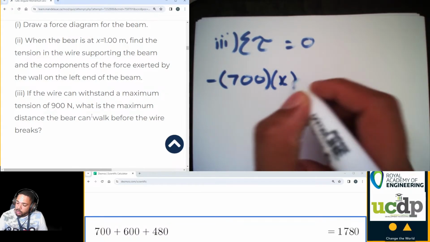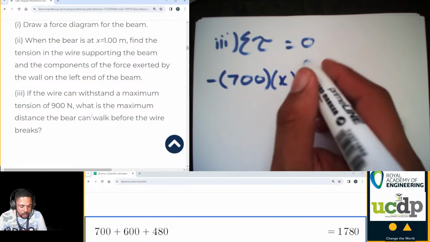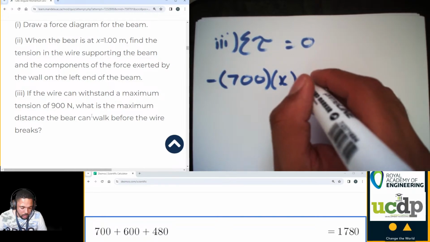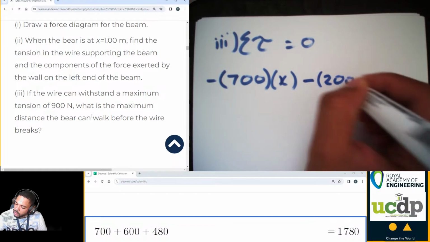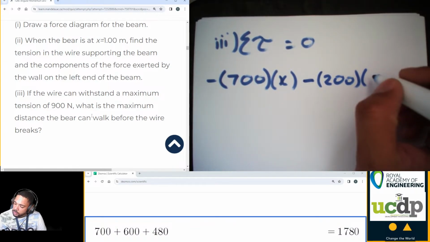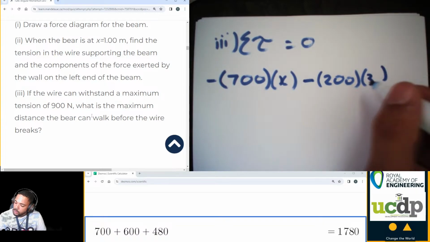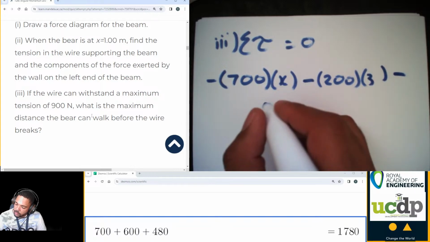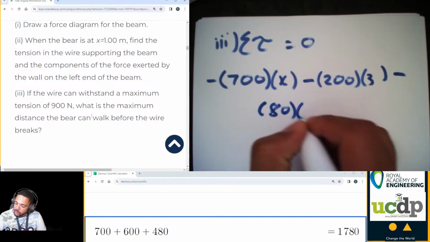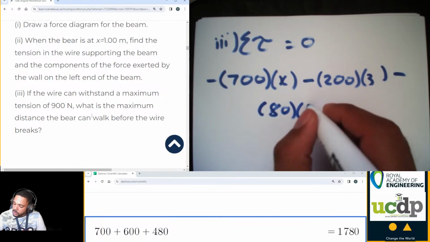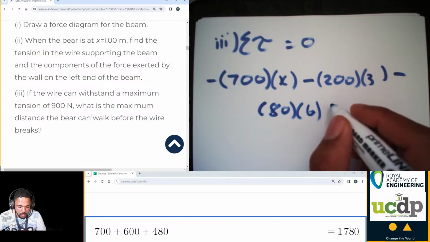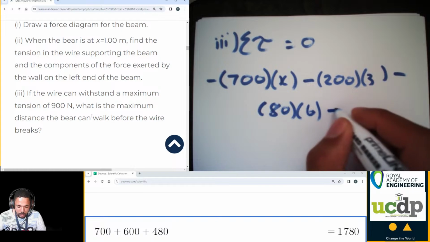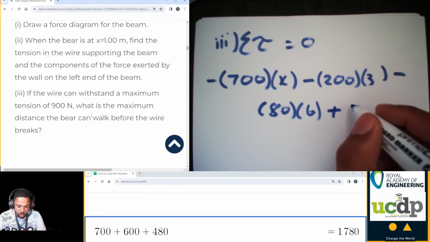The distance it travels is some distance x, and then the beam is 200 newtons, and it is 3 meters. The basket is 80 newtons and is at some distance 6. Then the vertical component of the tension is positive, it's going upwards, it's counterclockwise.